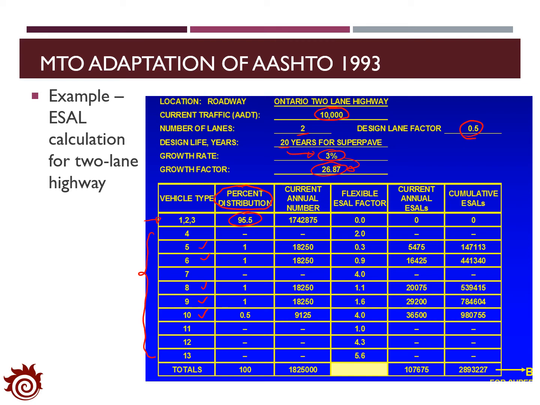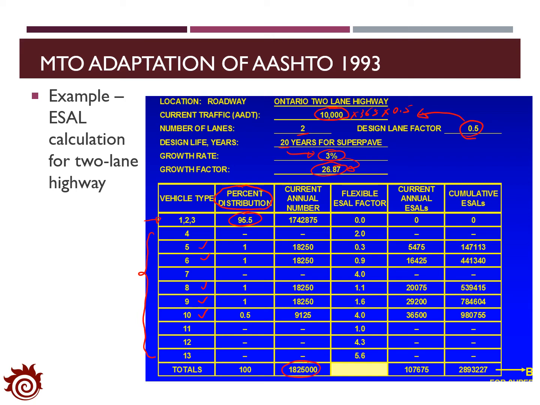With that, we can find out the current annual number of traffic for each class. The total number in one direction is 1,825,000, which comes from the calculation of 10,000 times 365 times the design lane factor, which is 0.5.